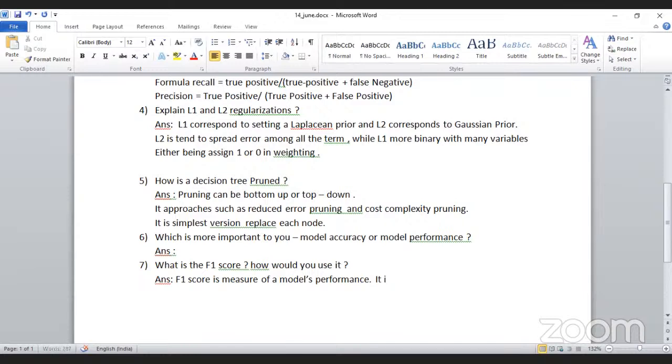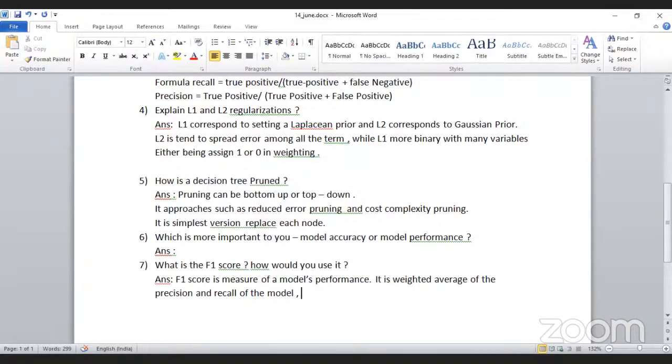So it is the weighted average of the precision and recall of the model. Okay. How can we tell whether the model is good or not?